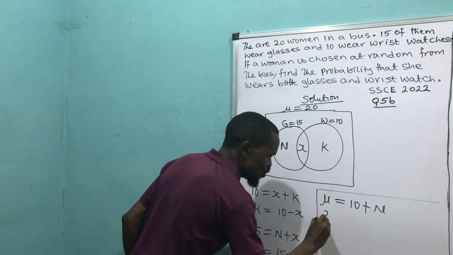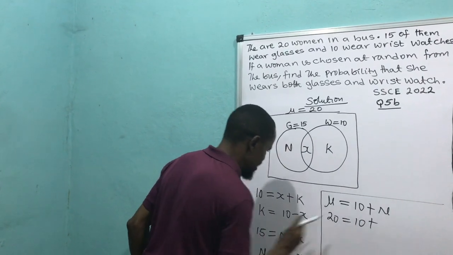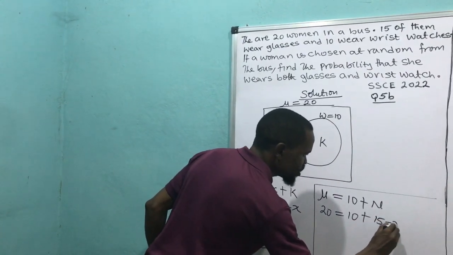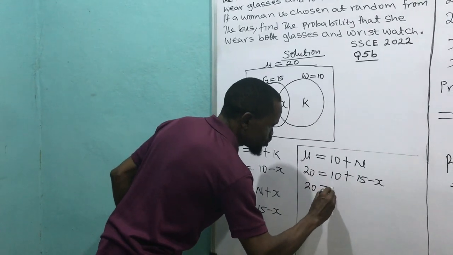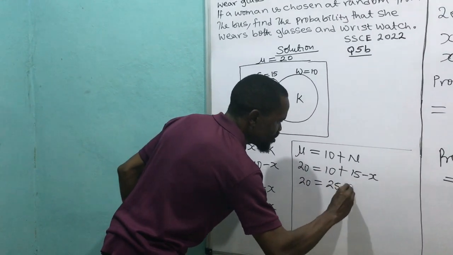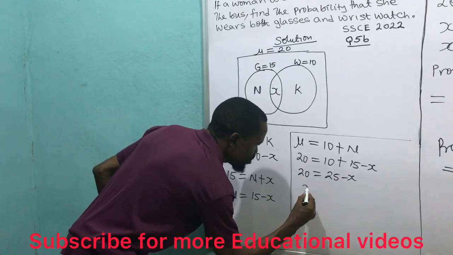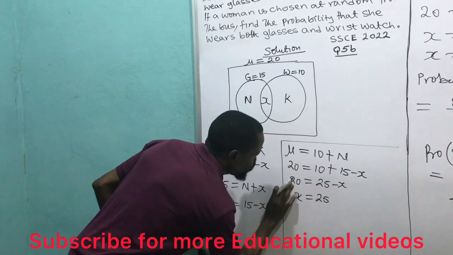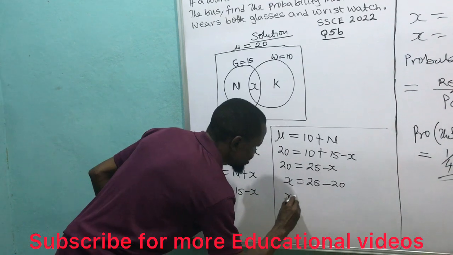I will say this is 20, which is mu, equals 10 plus n. My n is 15 minus x. Then here I can make x subject of formula. I have 20 equals 25 minus x. Making x subject of formula, this x coming here becomes plus, and 25 remains where it is. This 20 going over there becomes minus 20, and x is equal to 5.